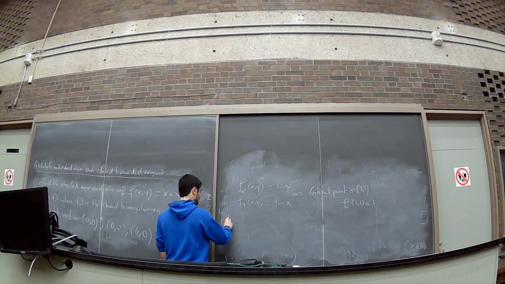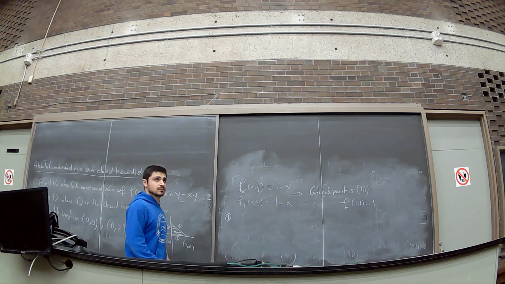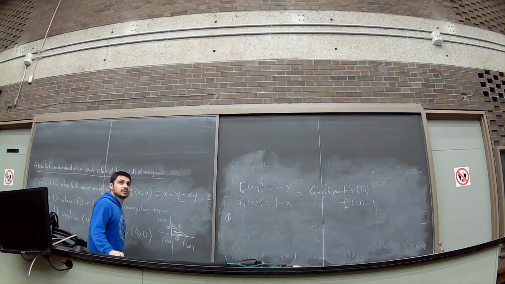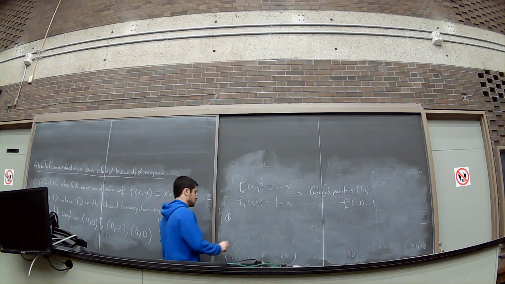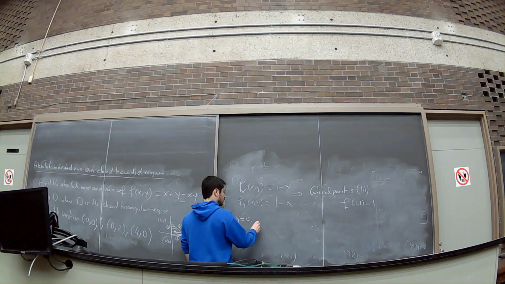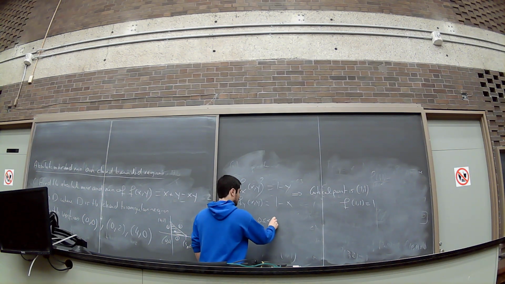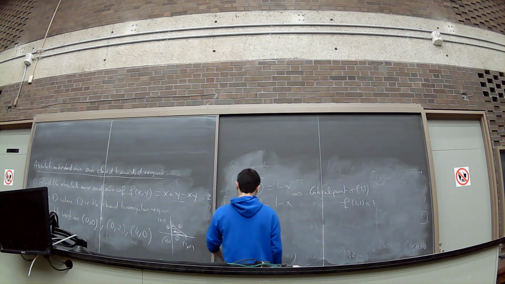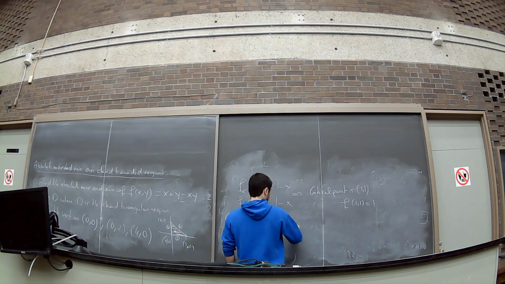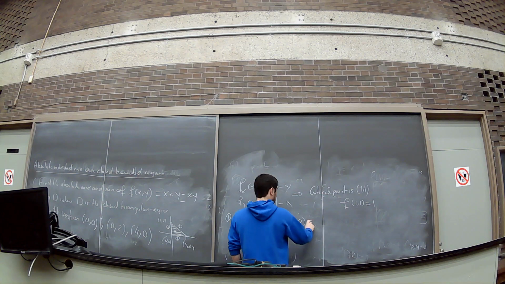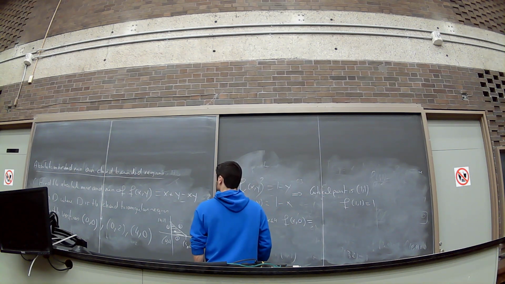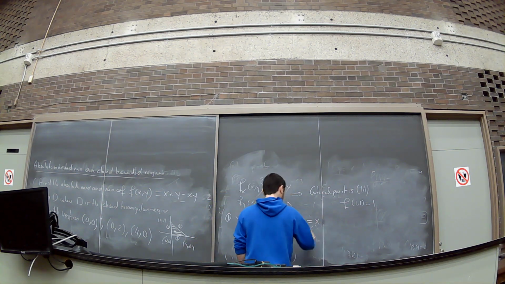The first one: how can I characterize it? y is equal to 0 and x between 0 and 4. So f(x, 0) is x, right?